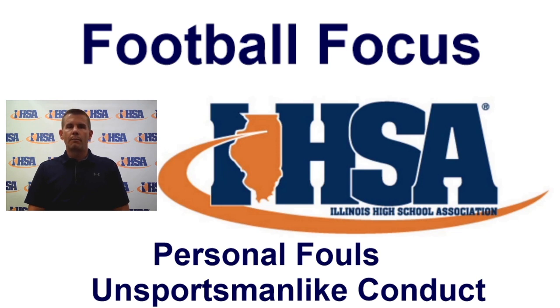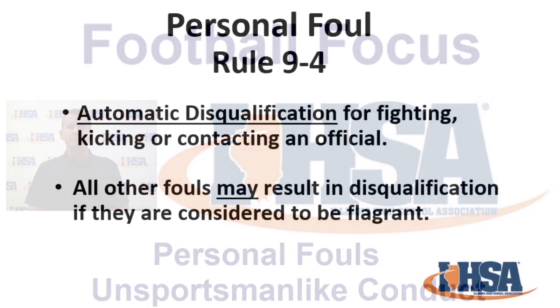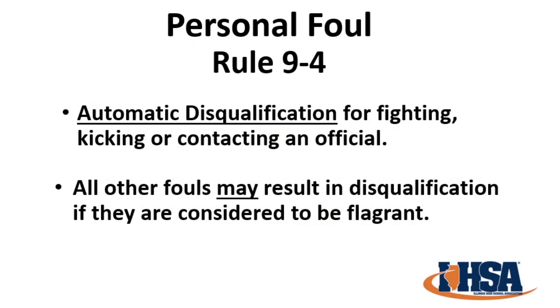Today's topics are personal fouls and unsportsmanlike conduct. Rule 9.4 is titled Illegal Personal Contact. The rule explains all potential personal fouls. It's a lengthy list that includes everything from fighting, kicking, face mask, illegal helmet contact, horse collar, blindside blocks, targeting, and roughing the passer, kicker, and holder.